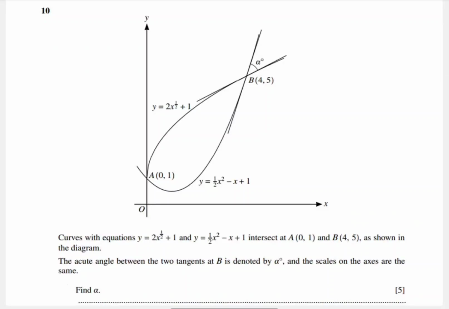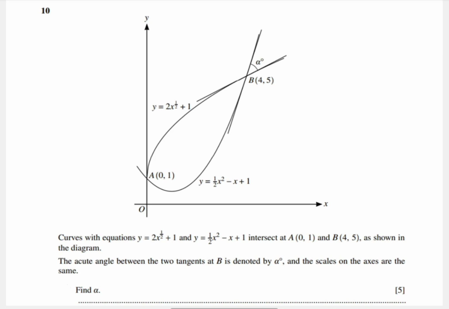Hi guys, welcome to this video where I'm going through this question from May-June 2022, and it's one of the tricky questions on tangents and normals involving differentiation at AS level, right?